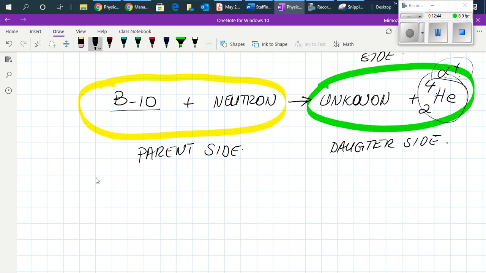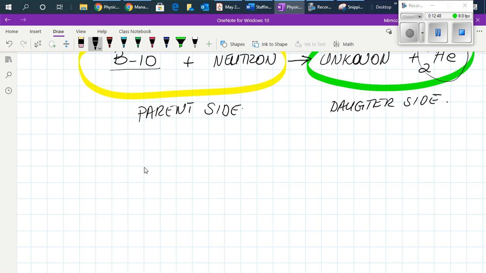Okay, so now let's apply, first of all, the conservation law of masses. After we write the equation. Let's write the equation first.